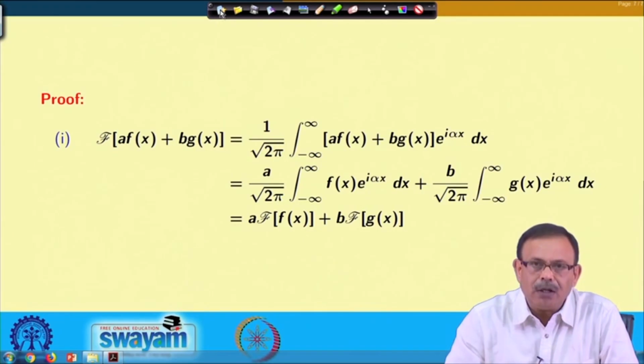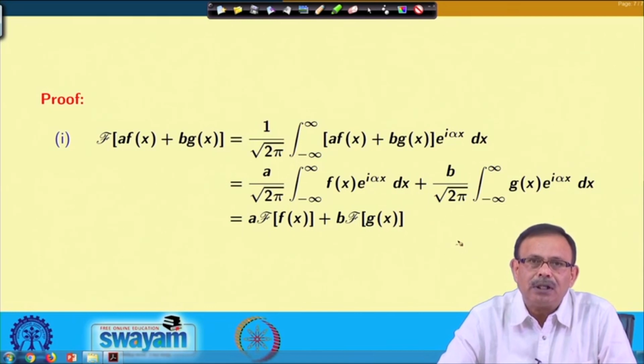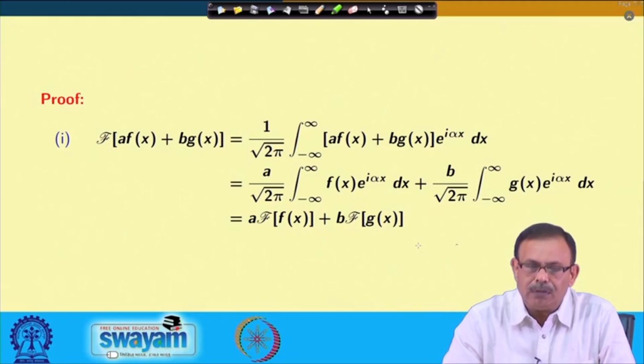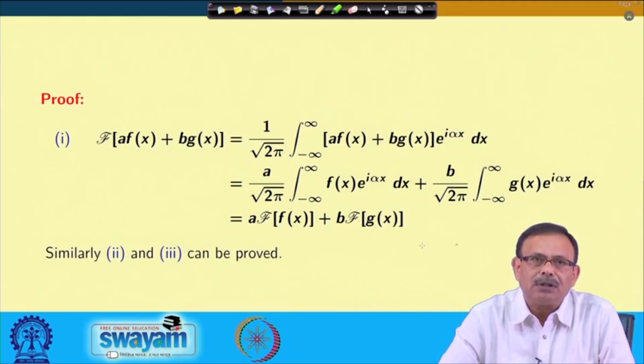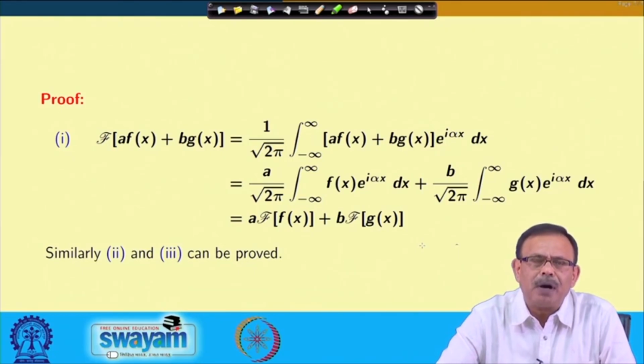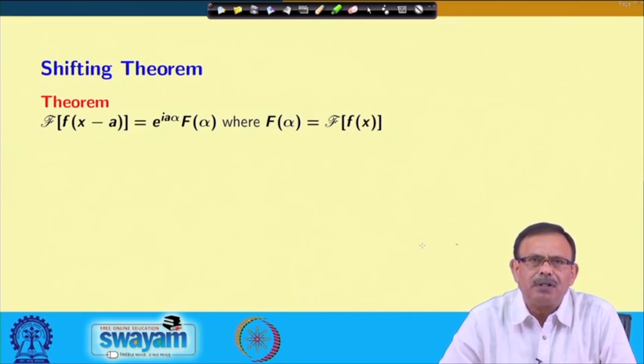In the same fashion, similarly, we can prove the second and third part. So, I am not proving them because they are similar and you can do it on your own. Now, let us come to the next theorem, that is the shifting theorem.